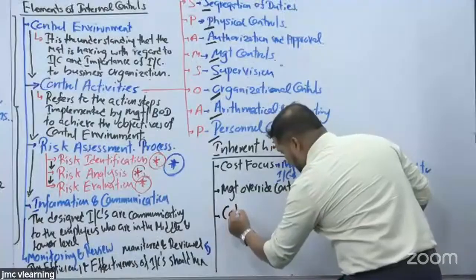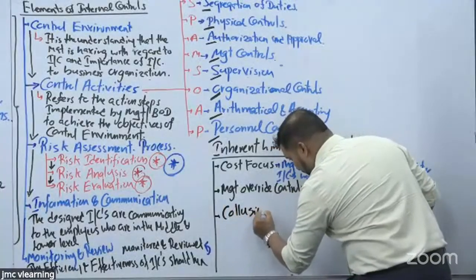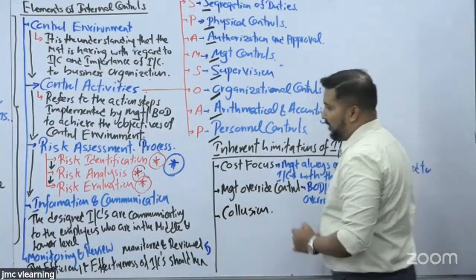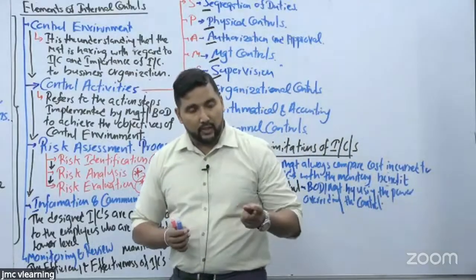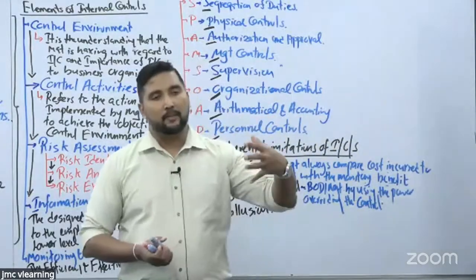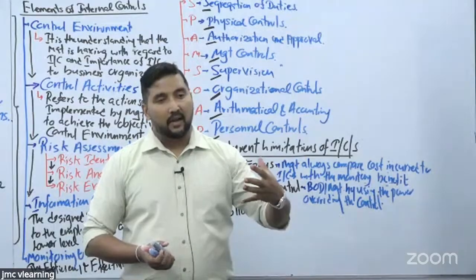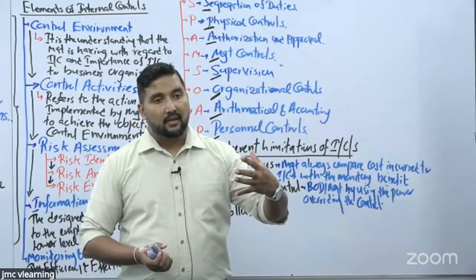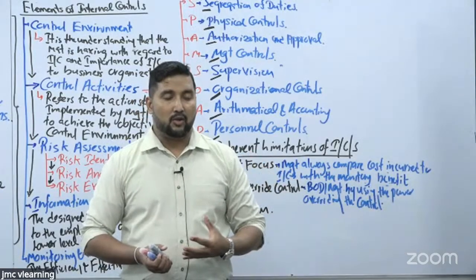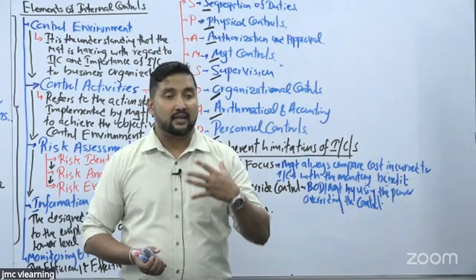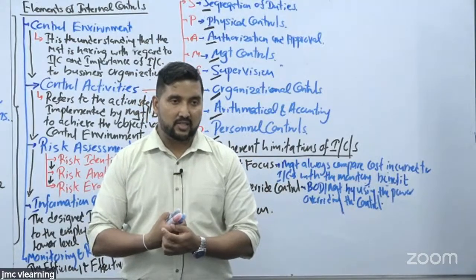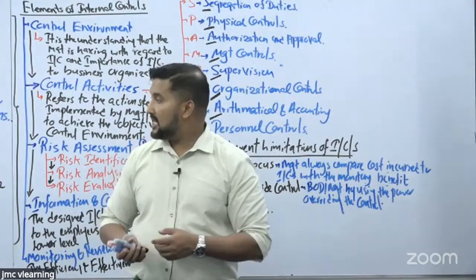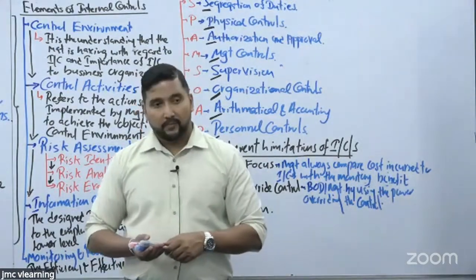What do you mean by collusion? Collusion means management or employees get together, manipulating the internal controls with the objective of obtaining unjustifiable advantage. That is what you referred to as collusion. Clear?